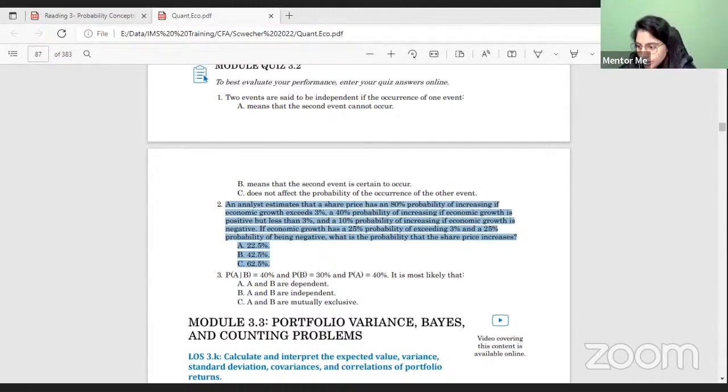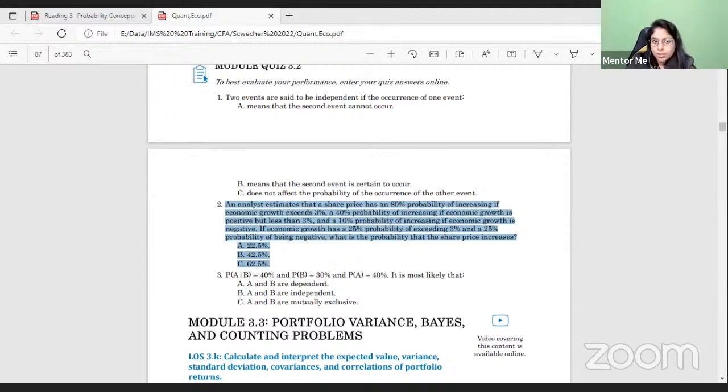See, first of all, we have 3 conditions in which you have to divide your whole situation, and then based upon 3 conditions, there is some probability of share price going up. Okay, so we can prepare a tree here, right? 3 conditions.